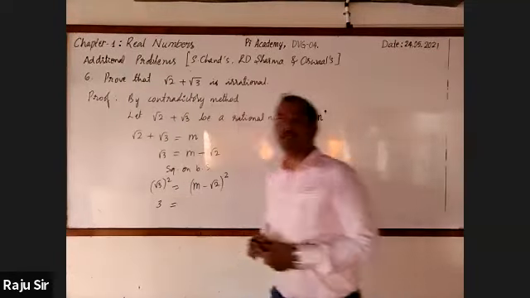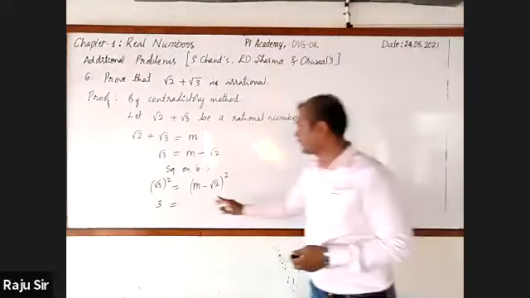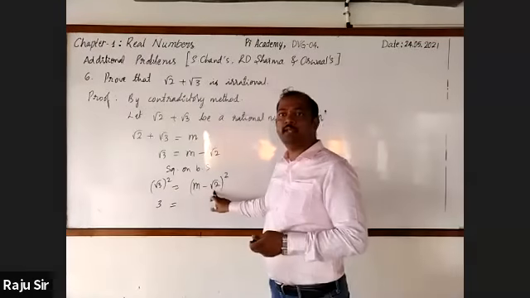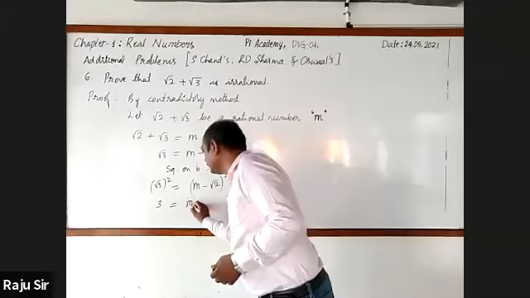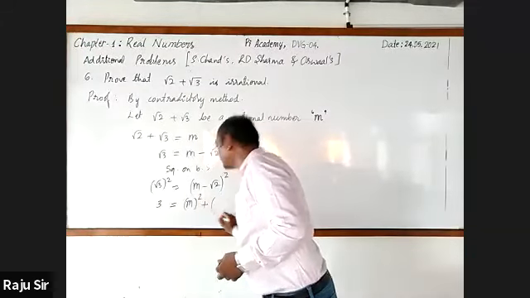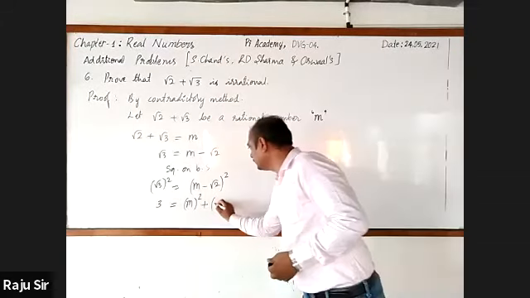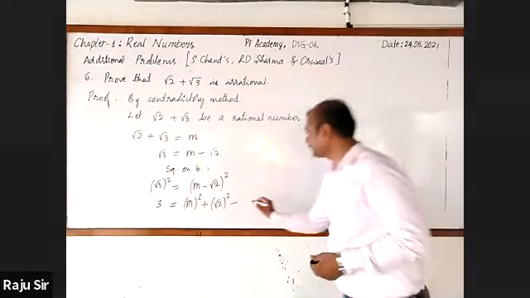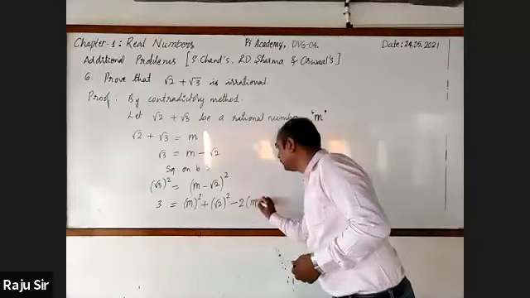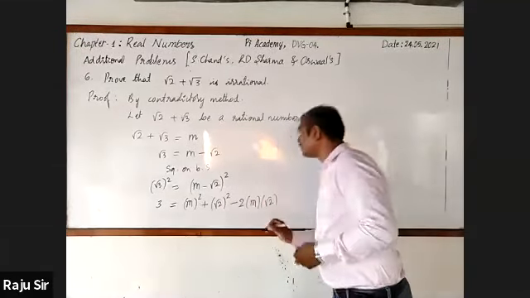This is equal to, it is of the form a minus b whole square, which is a square plus b square minus 2ab. So it is m square plus root 2 whole square minus 2 into m into root 2.